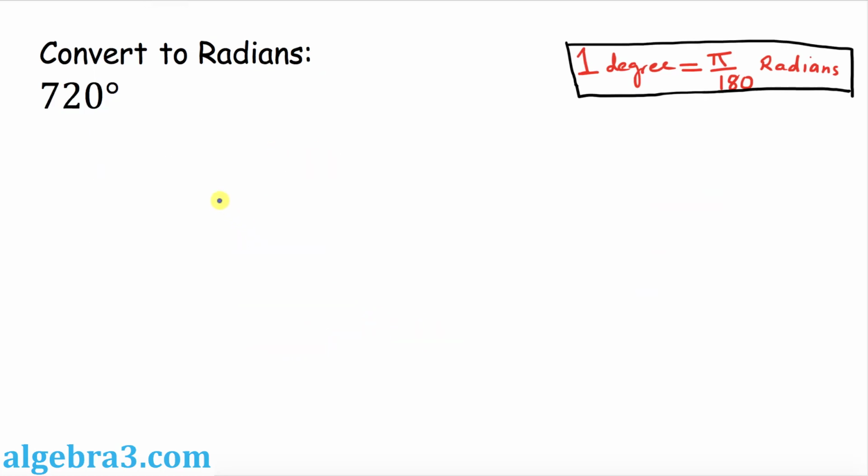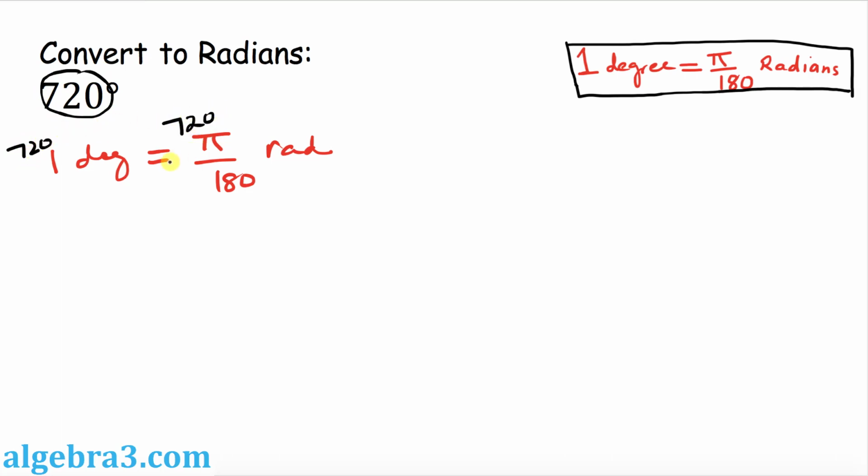And finally, how about this example? We want to convert 720 degrees to radians. Once again, recall 1 degree equals pi over 180 radians. Just go ahead and do this. For the next step, whatever this amount is, 720, just go ahead and multiply 720 on both sides of this equation.